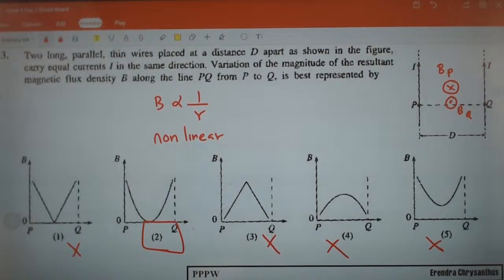And since B is inversely proportional to r, we can find the variation to be non-linear.